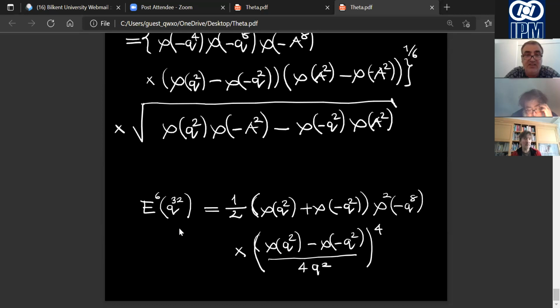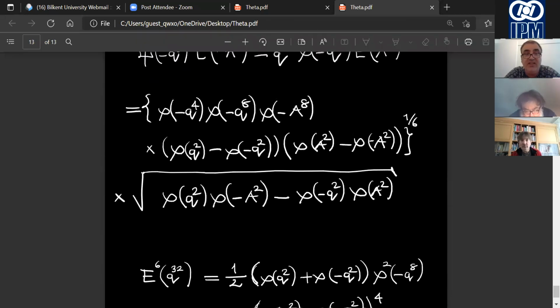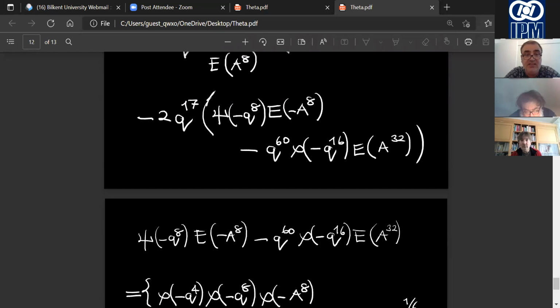These are trivial identities, but when you go down the argument from 32 to 2, you will have these nested roots. After some manipulation and algebra, you can see that this expression here reduces to this.